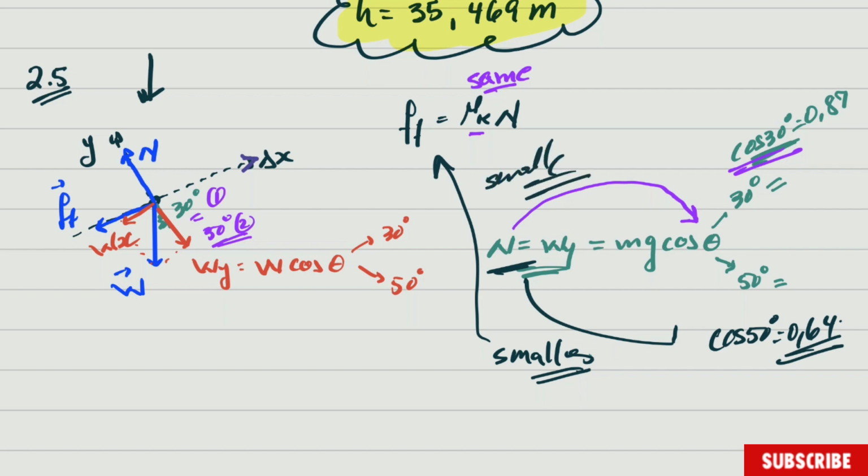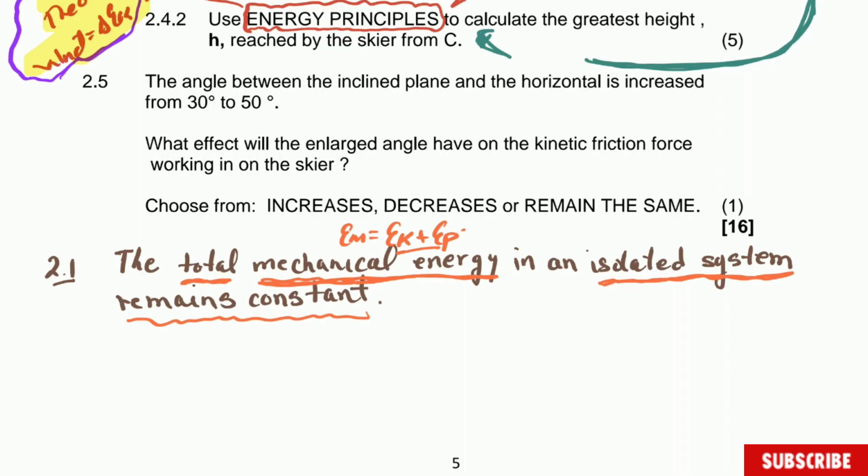And then we can answer the question. The question said, choose from increase, decrease, or remain the same. The correct answer is decrease. They don't say you must justify, but if that is the case, guys, you can go back and see what happened in this example.